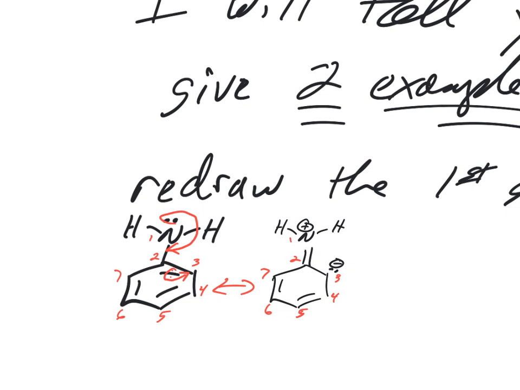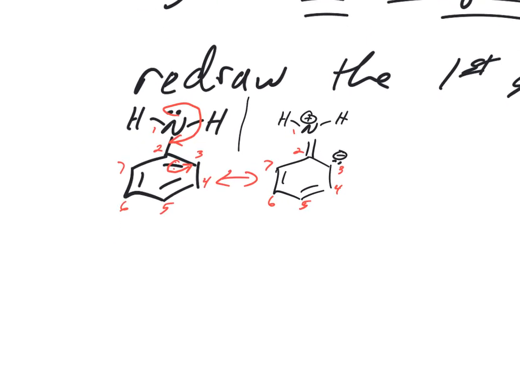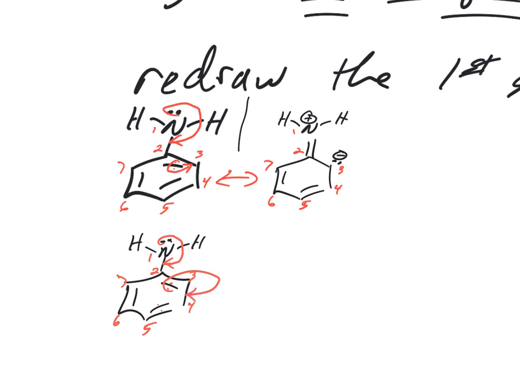So we could just redraw this just like it was before. Drawing in those lone pairs. 1, 2, 3, 4, 5, 6, 7. Come down. And this time we could have these form a new pi bond.